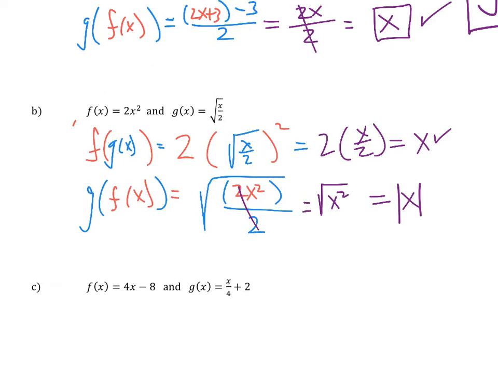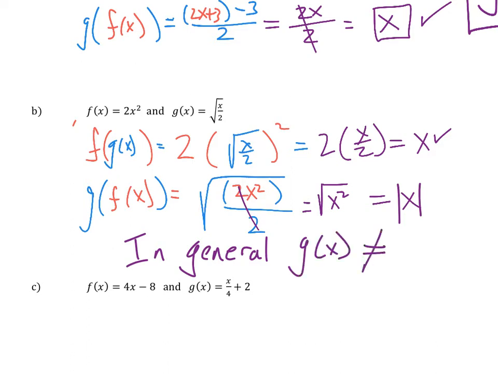So this is necessarily, in general, not an inverse. In general, g of x is not f inverse of x. However, if we're just talking positive numbers, then it is, okay? So again, the reason here is because of this square root. Remember, when we take a square root, we get positive numbers.